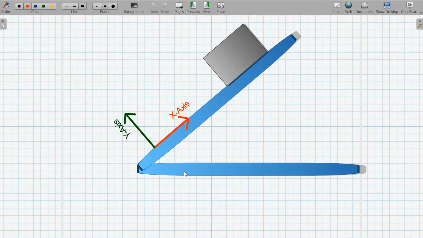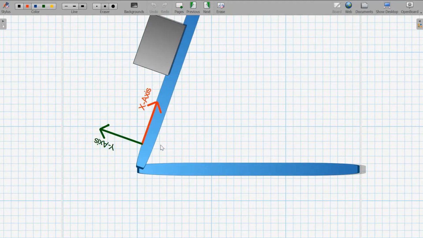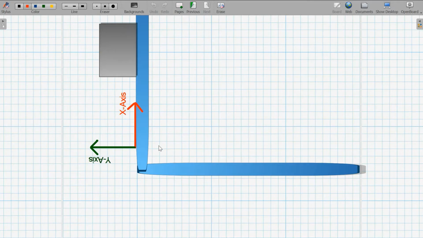In other words, as I increase this angle, notice how the coordinate system gets tilted along with the plane. Now, if I'm able to tilt this surface a full 90 degrees, notice now how the x-axis points completely in the vertical direction and the y-axis now points completely in the horizontal direction.